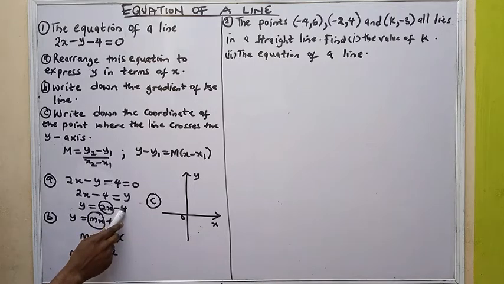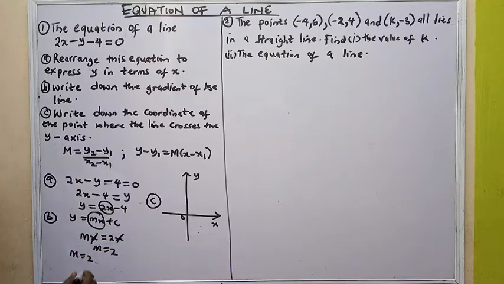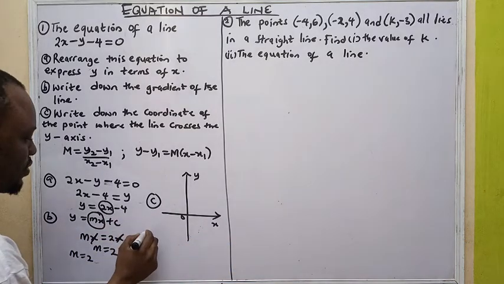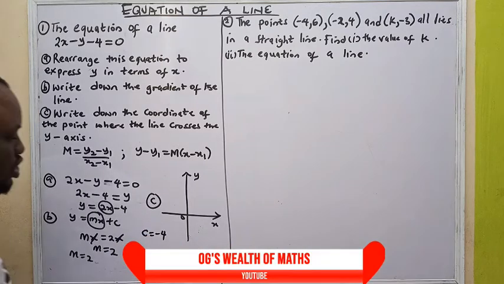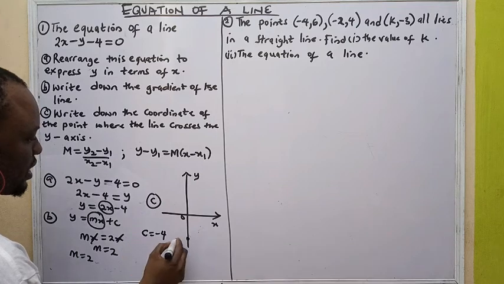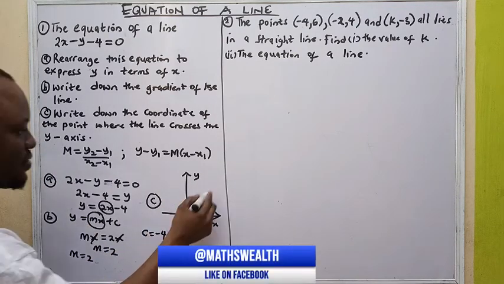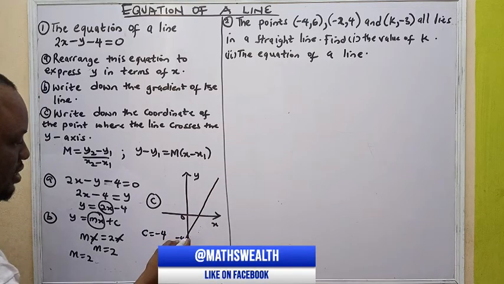The point where the line crosses the y-axis from this equation is called the intercept. So here my intercept is c. So I know that c is already minus 4. So that shows that minus 4 will be here. Because the gradient is positive, the line has to be like this.